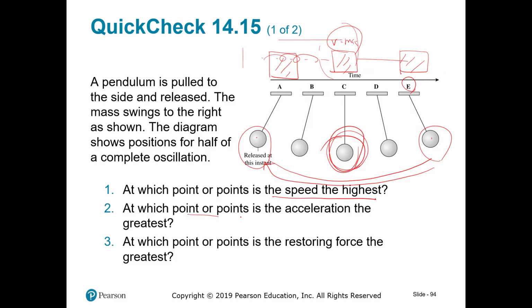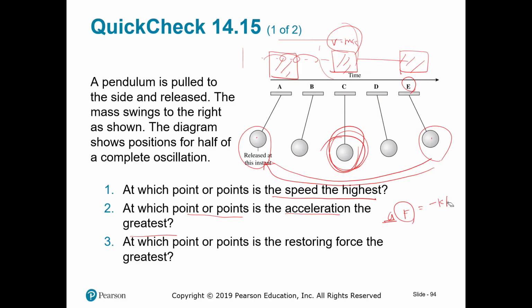And at which point or points is the acceleration greatest? The acceleration a is greatest when the force is greatest, right? When your force is greatest for the spring motion, for example, because the spring force is minus kx.